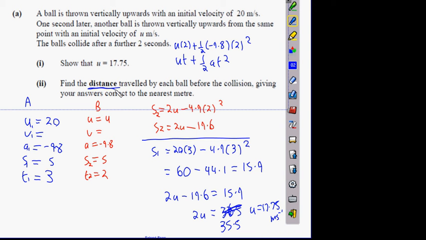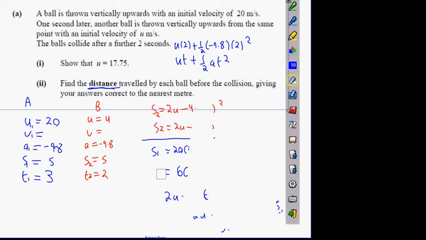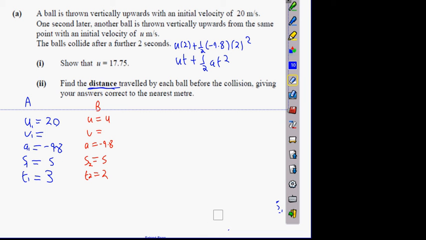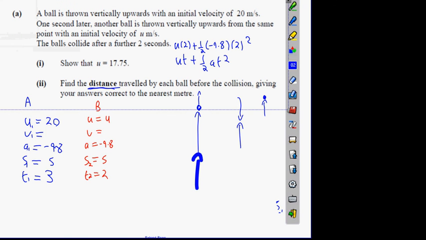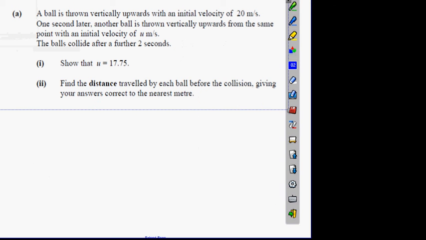Now let me tell you why this is tricky. So what happens is this. There's three scenarios where two objects can hit each other, okay?